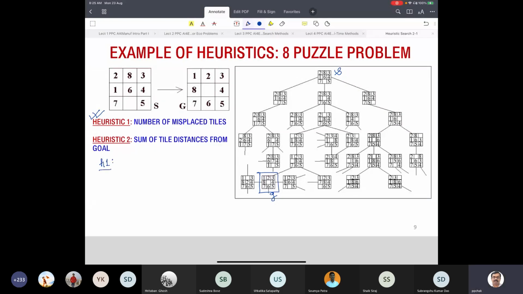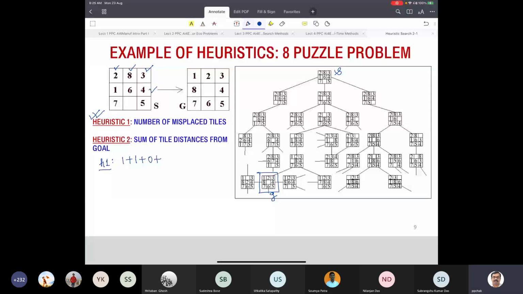Is the first block 2 in place or out of place? Out of place. 8 is in place or out of place? Out of place. This one? In place. So 0.